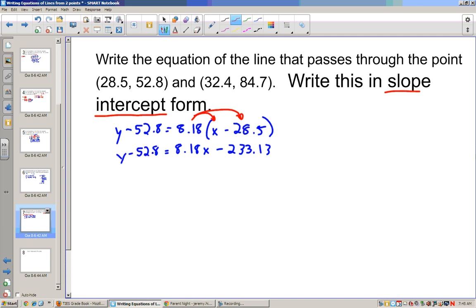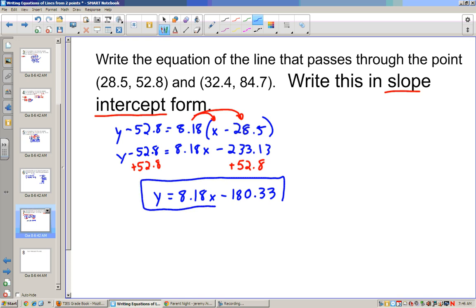And now to get y all by itself, I have to add 52.8, and I have y equals 8.18x. And so it's negative 233.13 plus 52.8. I have minus 180.33. And that is my equation.